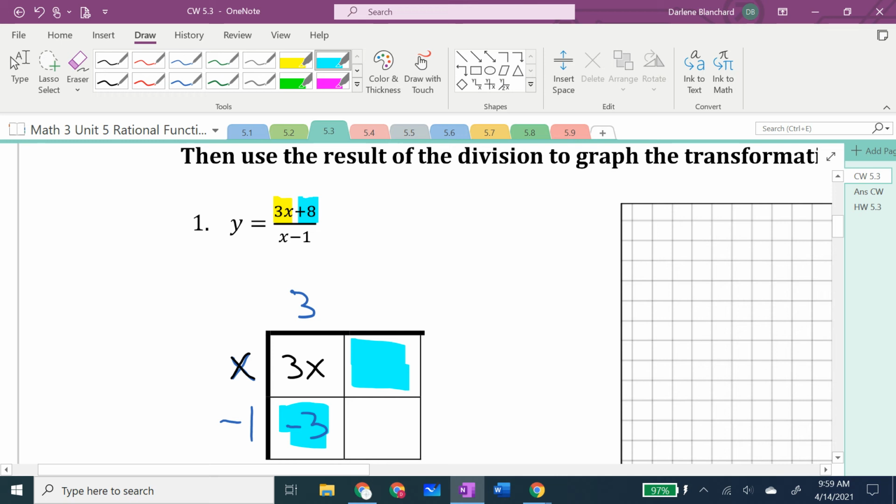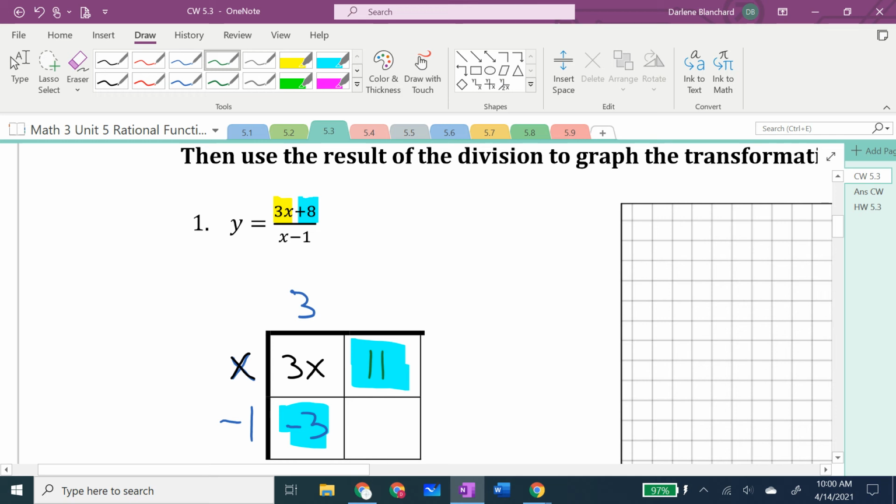So -3 plus what is equal to +8? Somebody type that in. Who hasn't already typed in? Hold up fingers. Yay, good. 11. +11.